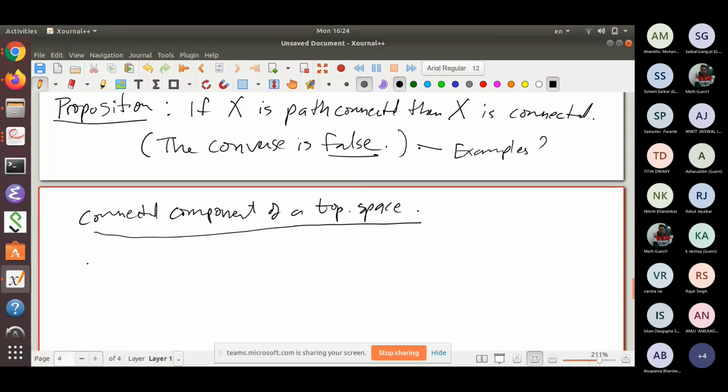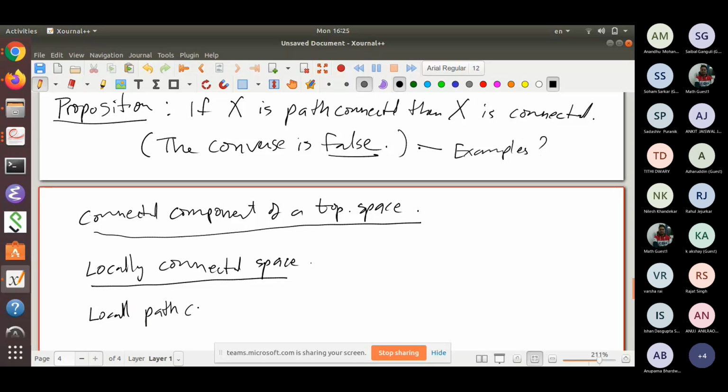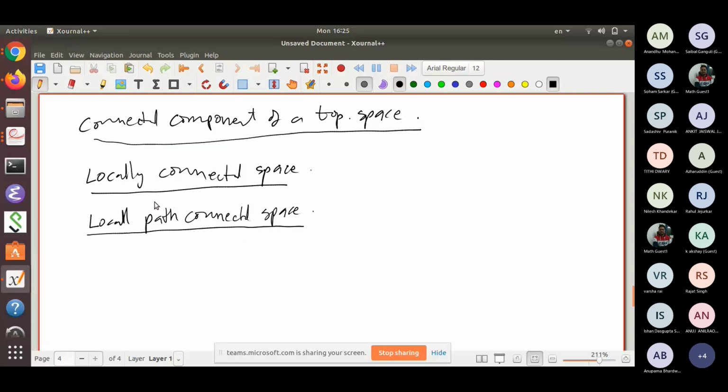Yet another notion I like to introduce is that of a locally connected space. Another one I like to introduce is a locally path connected space. And yet another notion I like to introduce is that of path components. These are kind of different things that I like to introduce.